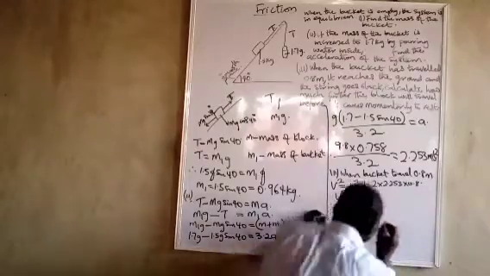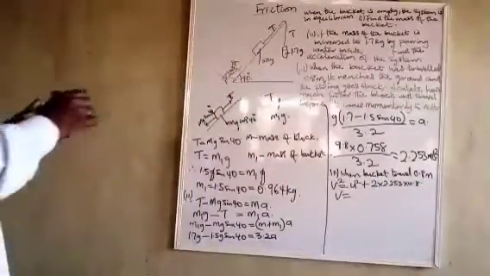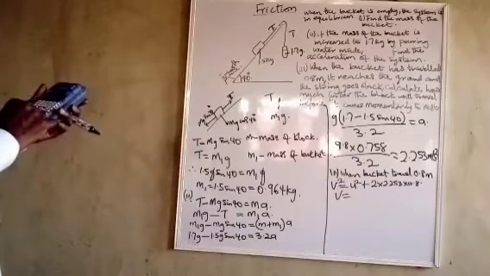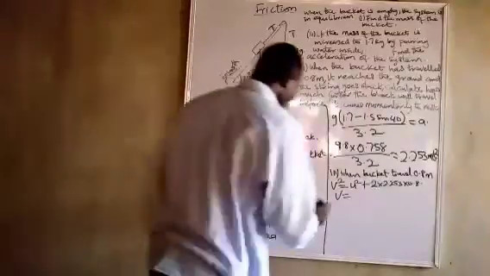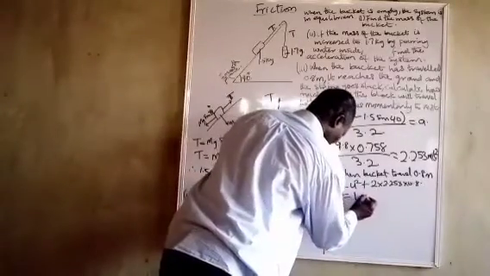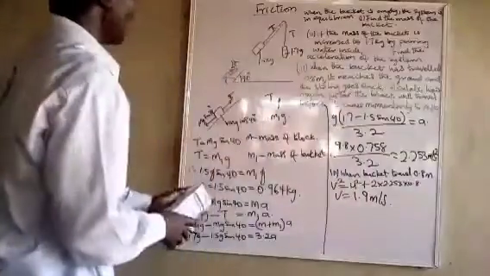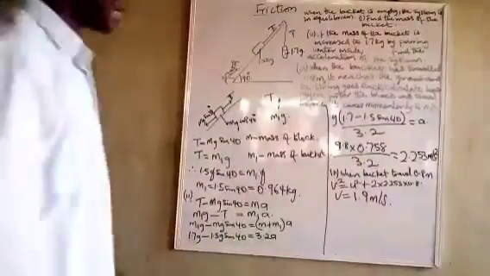So the velocity at that point will be equal to 1.9 meters per second. When the bucket has moved and touched the floor, their common velocity will be 1.9 meters per second.